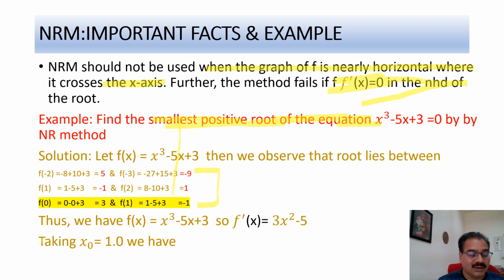Because of that, we are taking x naught is equal to 1.0. This is also a very important step, how to choose the value, because your number of iterations, your energy, your time will always be proportionate to this. If you have chosen a realistic value, then your energy will be less, your work will also be less, and it will be less time consuming.